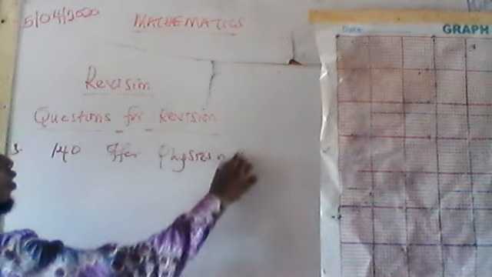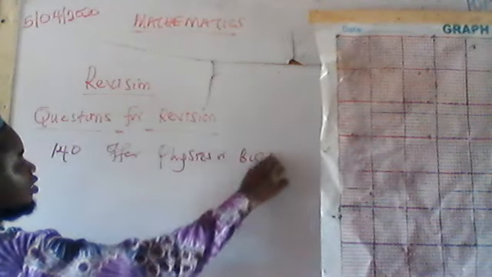So in other words, what we have is 140 students. These 140 students offer what? They offer physics or biology or both subjects. And at the same time, we also have 76 of them that offer physics.